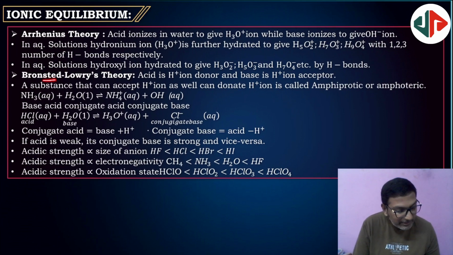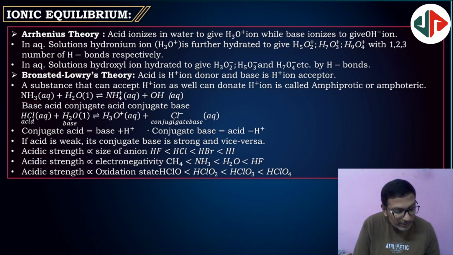Next, Bronsted-Lowry theory. So acid is H plus donor, proton donor, base is H plus acceptor, proton acceptor. Next, a substance which can accept H plus as well as which can donate H plus is amphiprotic or amphoteric. Important topic. Here NH3 plus H2O.